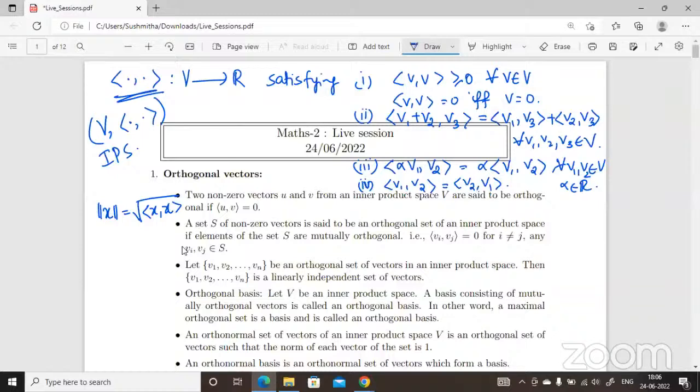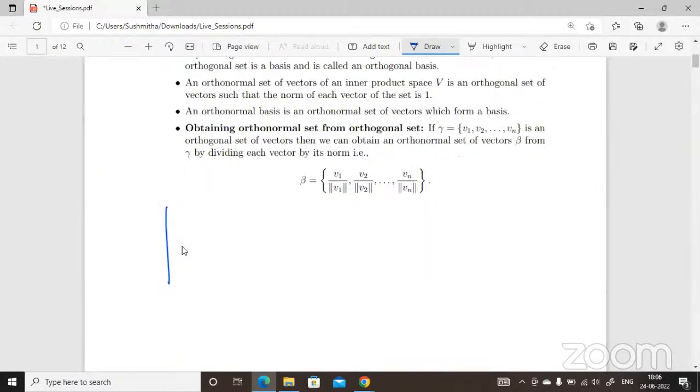So, orthogonal vectors. When do you say two vectors are orthogonal? In R2 only, let's talk about R2. If the dot product is 0. So if the dot product is 0, what happens to the angle between those two vectors? 90 degrees.